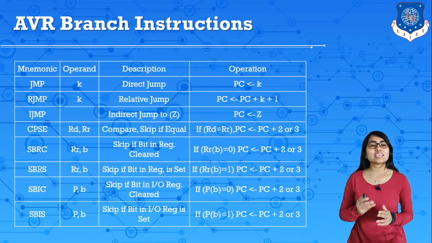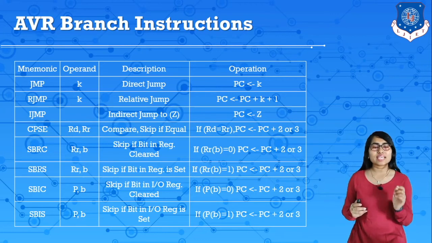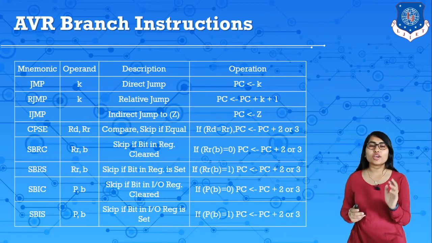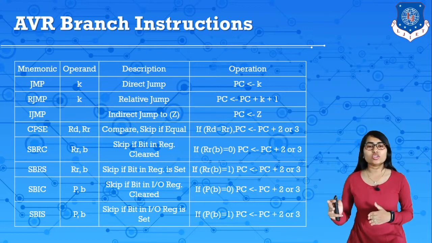Now next is SBIC. This is for the port register, the input output port. In SBIC P, b, P is for the port name, either A, B, C, D, and b is for the bit number. It means skip if bit in an IO register is cleared.